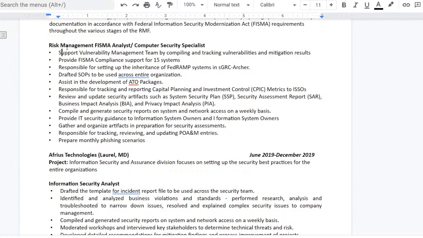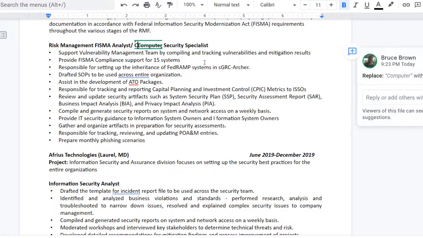Okay, and then he goes into risk management FISMA analyst. Okay, that's his title. Okay, so computer security. Okay, I would change computer security specialist to cybersecurity. It's just a buzzword, you know. It means the same thing. I don't think this is a lie.